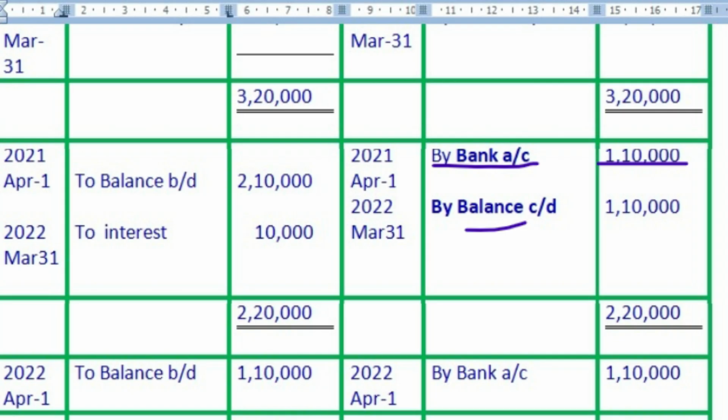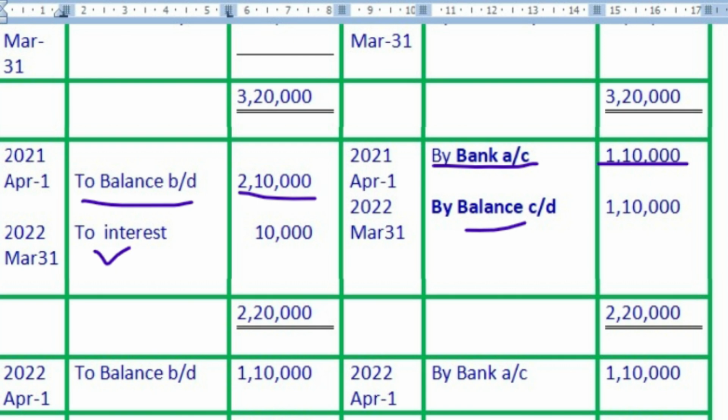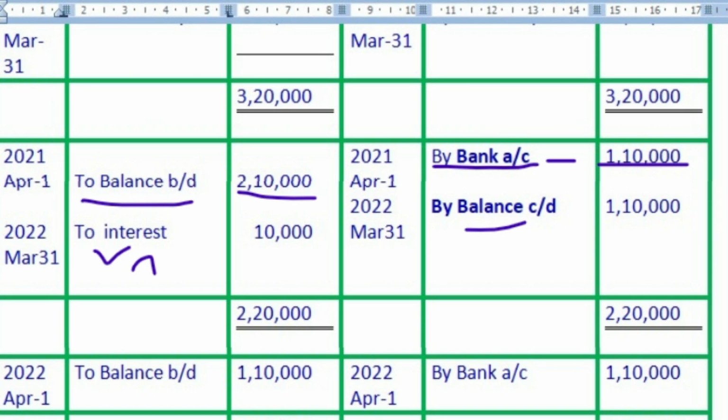And this is your third year interest. So 2,10,000 minus 1,10,000, the balance is 1 lakh. This 1 lakh is also called the outstanding balance: opening balance minus the installment amount received, 1,10,000. So the balance is 2,10,000 minus 1,10,000, 1 lakh. Interest on this 1 lakh at the rate of 10% is 10,000. It is calculated, and after that again the balancing of the account.